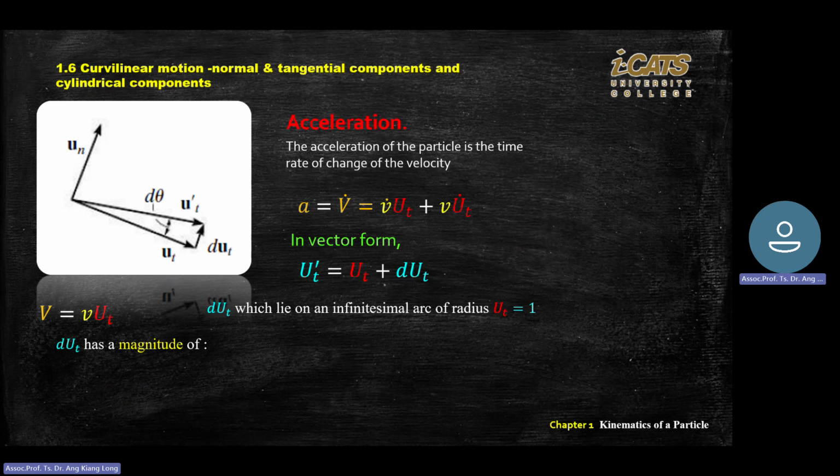You need to go through this arrow and this arrow. So the resultant is this arrow. So this arrow, u prime, equals this one plus this one. All these terms can change, but what is important is how you read the vector diagram.